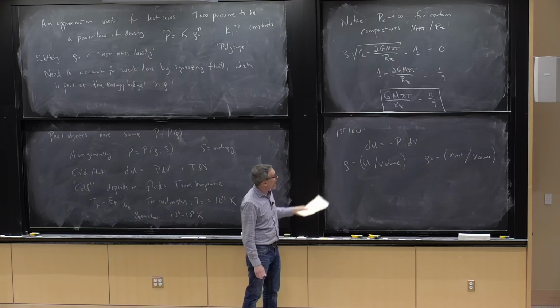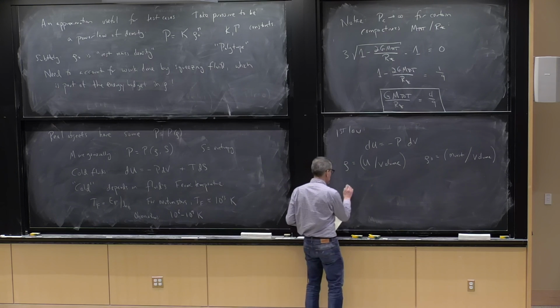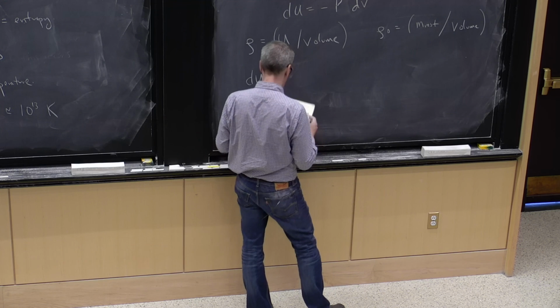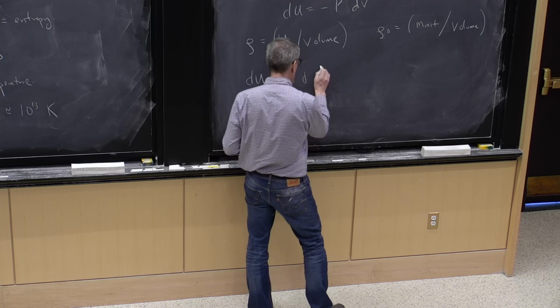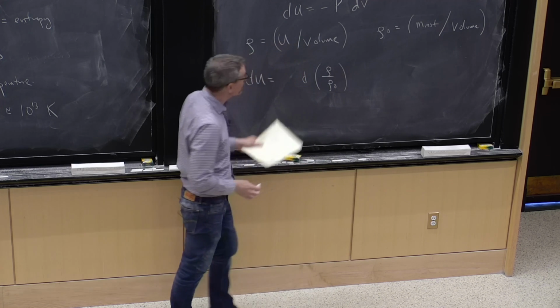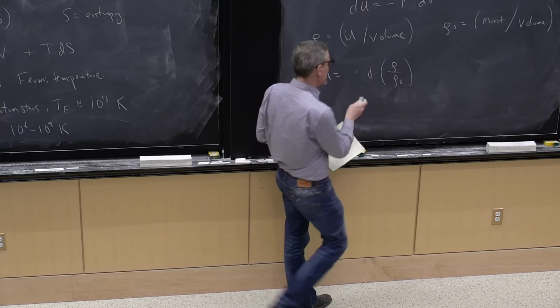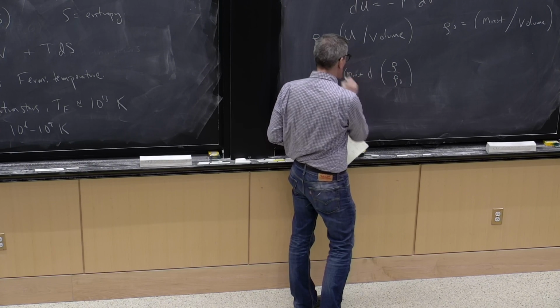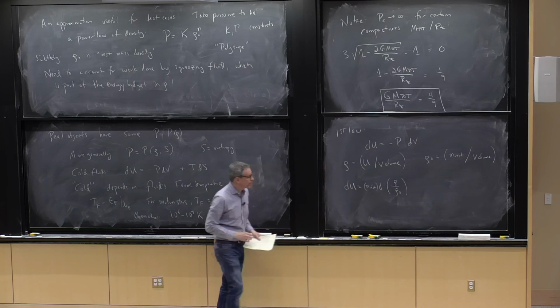This means that I can write du as d rho over rho 0, provided I throw in an extra factor of m rest to get the dimensions right.